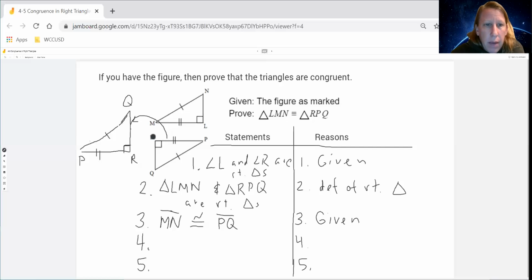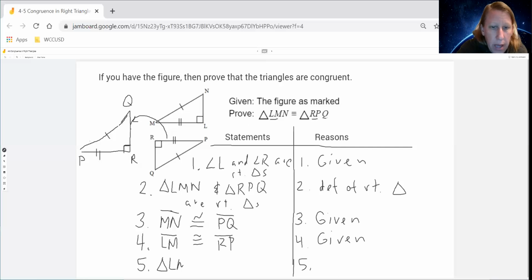LM matches up with RP. If you're looking at this, the first 2 letters match the first 2 letters. So we write line segment LM is the same size and shape as line segment RP. Why? It's given to me. They have the same 2 little marks on them. And that's it. And then I write my answer.